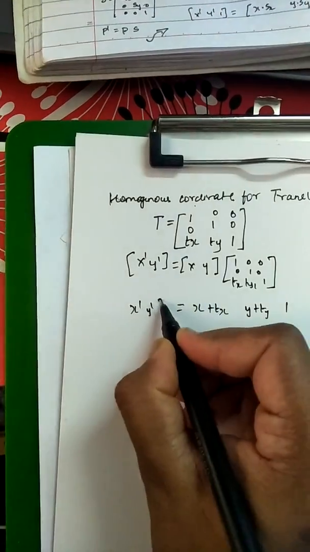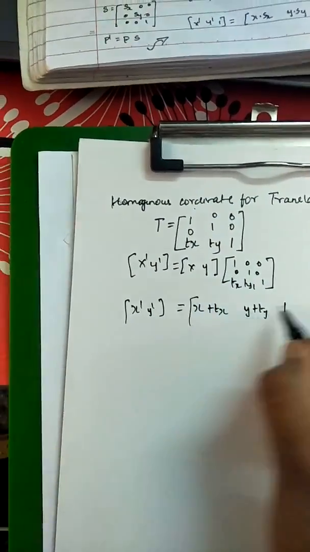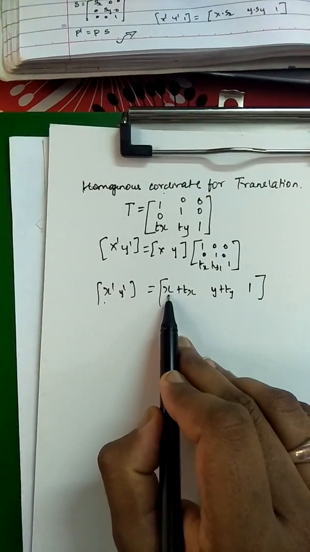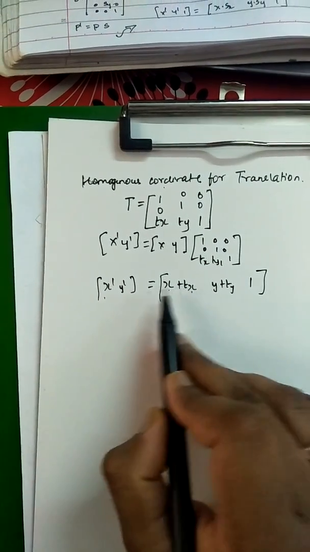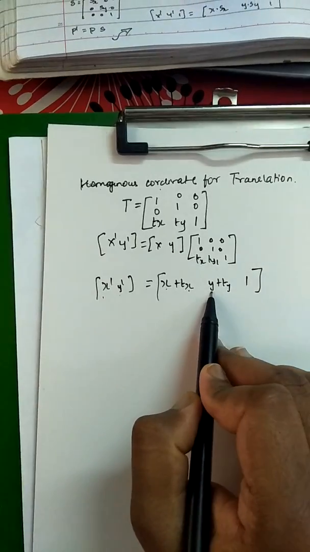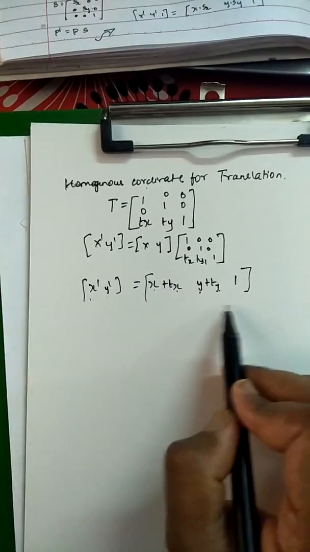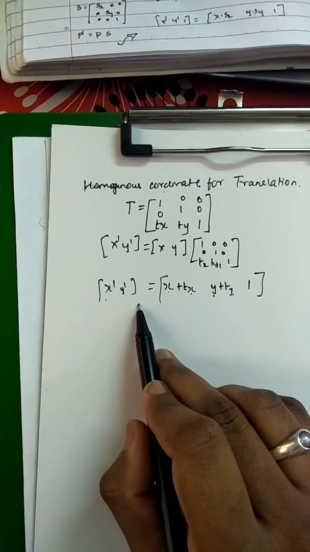So X dash, Y dash. So we are getting the same form, meaning the new coordinate will be the existing coordinate with the translation parameter. Y dash is nothing but the existing Y coordinate with the translation parameter. There is no change in the object definition.